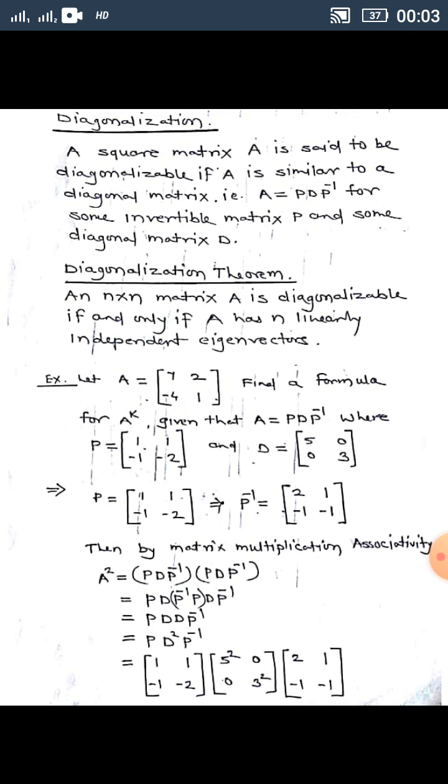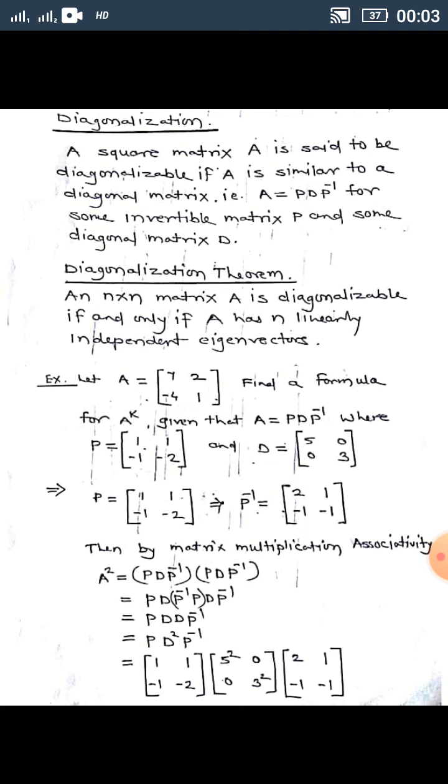Now see here, P is nothing but [1 1; -1 -2] and D is [5 0; 0 3]. So P is the invertible matrix. So P inverse is nothing but [2 1; -1 -1].